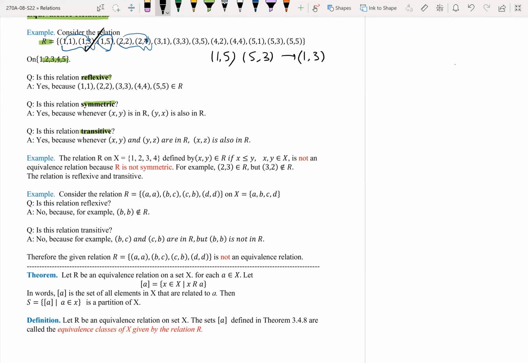Right. So I guess what I'm saying is, does the entire R have to be that way in order to be reflexive? Or what you're saying is just part of those elements are reflexive, like 1 and 1, 2 and 2, 3 and 3, 4 and 5.